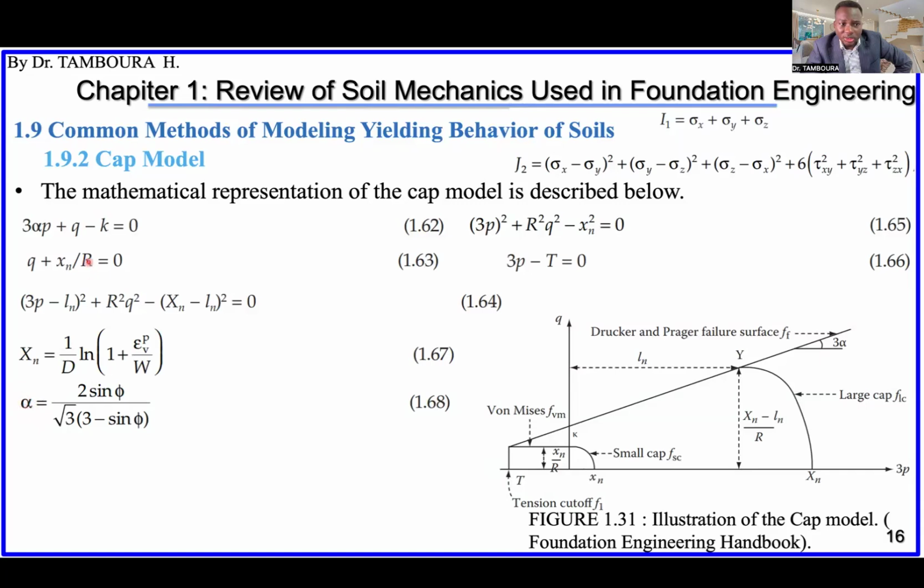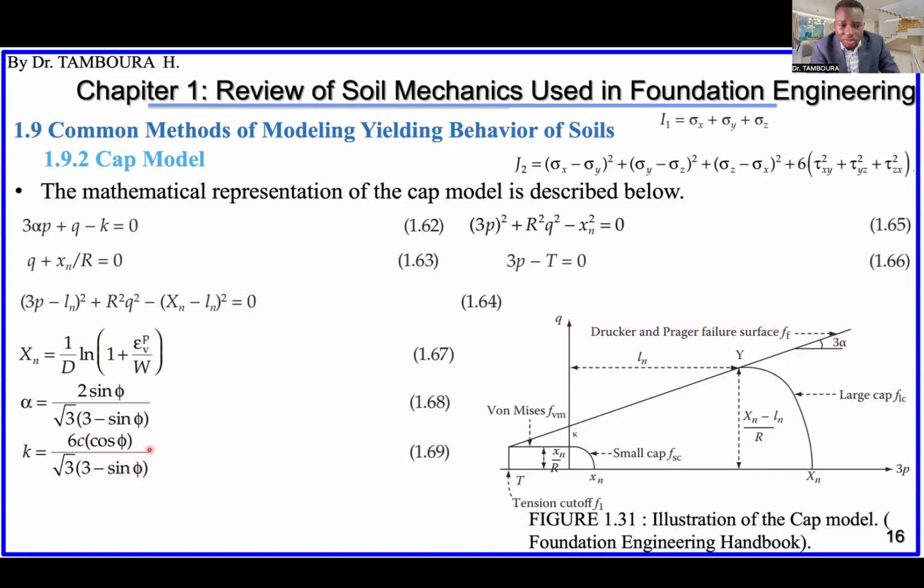The alpha in the Drucker-Prager model can be obtained using this equation. And you can see easily that this just depends on soil parameters. You see phi here, right? The only unknown parameter is phi here, and phi just depends on the soil. And this kappa, still in the Drucker-Prager, is obtained by this equation.